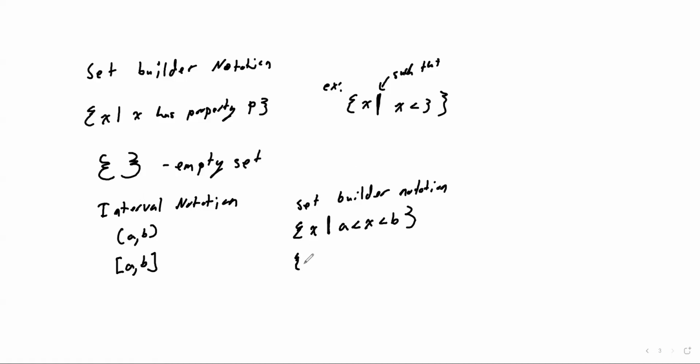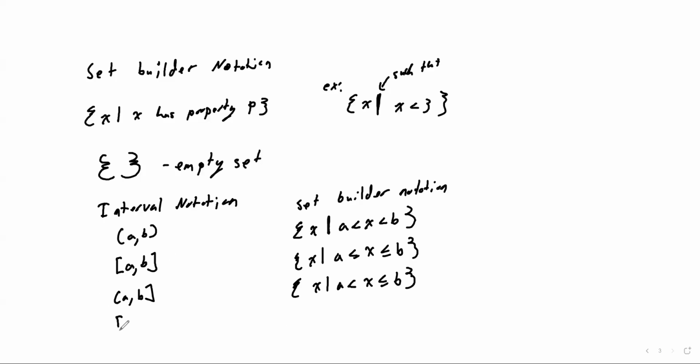So now when I write this out as set builder notation, I can say A is less than or equal to X and less than or equal to B, indicating that now X is all real numbers such that X is everything between A and B, including A and B. And you can have a mixture of these, so we can say parentheses A comma B bracket, and that would basically just be X such that A is less than X, which is less than or equal to B. So another way to say this is if it has a parentheses, there will be no line underneath the inequality, and if it has a bracket, there will be a line underneath the inequality.